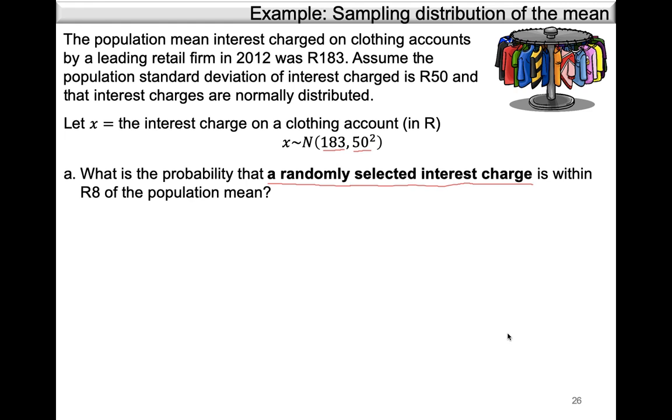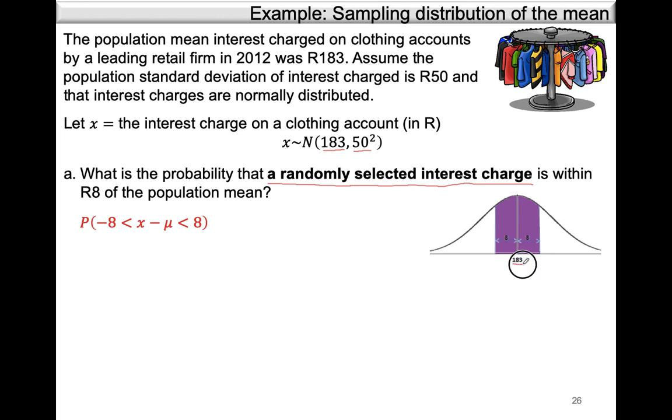Therefore the difference between x and mu will be at most 8 and at least minus 8. So then we have the probability that x minus mu is between negative 8 and positive 8. On the graph you can see that you have mu right in the middle, and the lower boundary will be minus 8 units and the upper boundary will be at most 8 units.